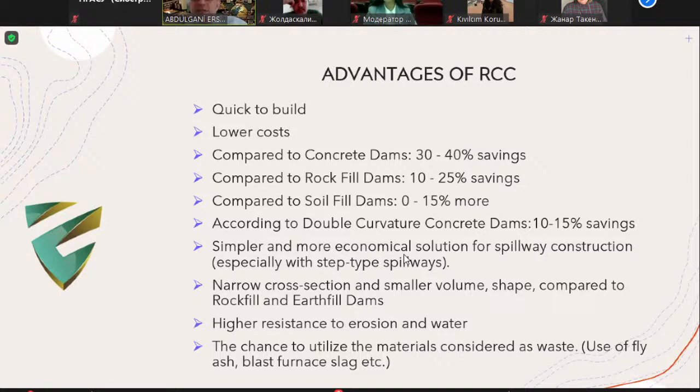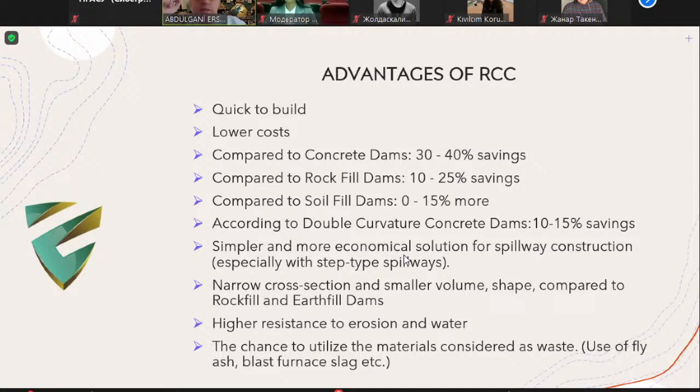Why are we using RCC? What are the advantages of this system? First of all, it's quick to build. Compared to conventional concrete, RCC is 2 or 2.5 times faster to produce. And lower cost. The cause of the lower cost is using less cement, water, and less mixing time.